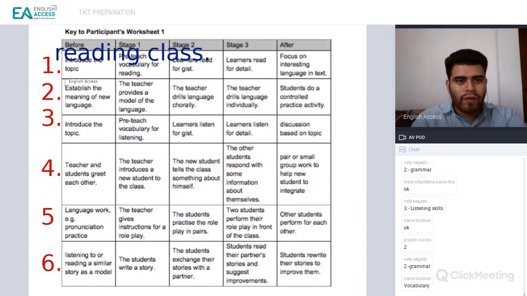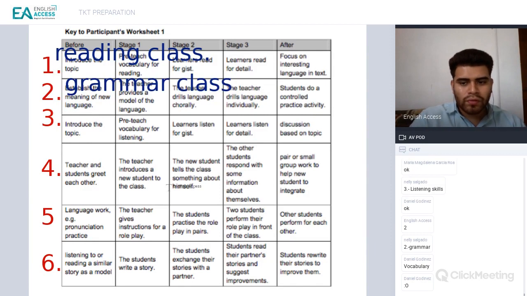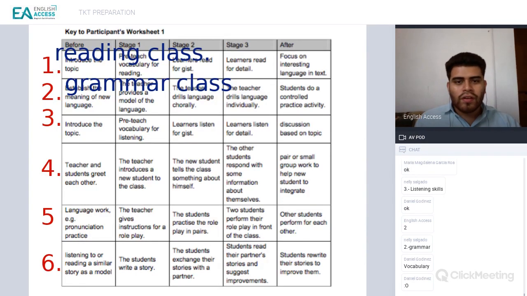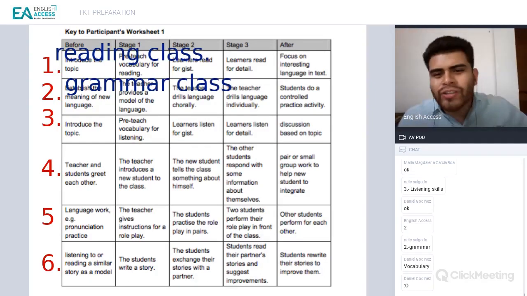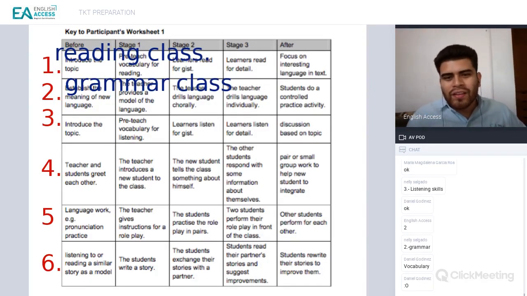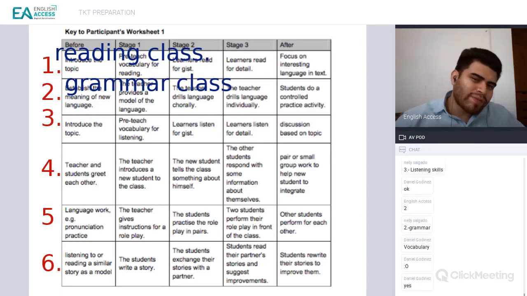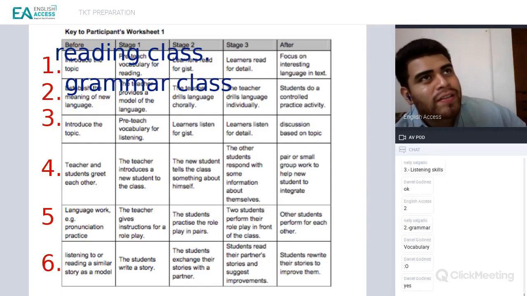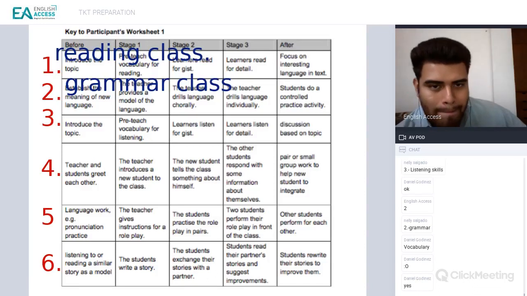Yes, number two is for a grammar class. Yes, with vocabulary, you don't really drill them, and you don't have a controlled practice for it. The vocabulary is kind of supplementary to the grammar.